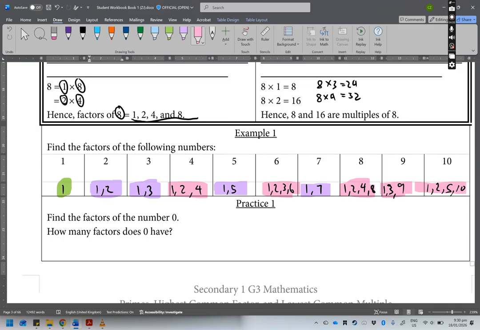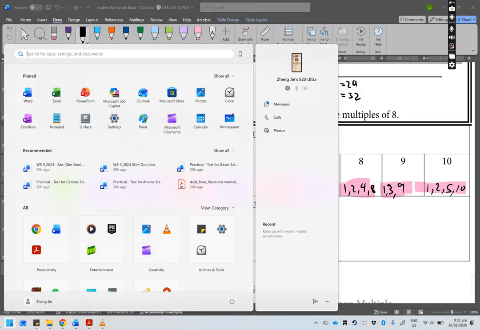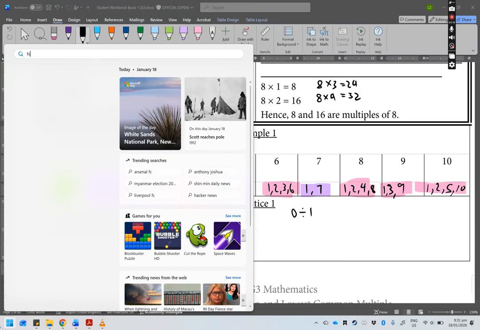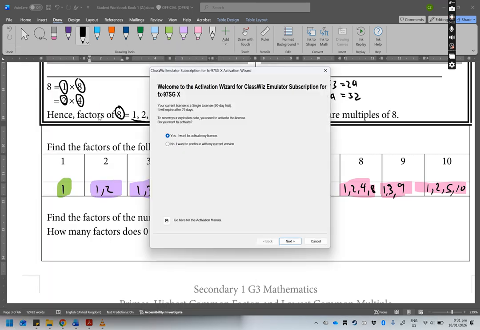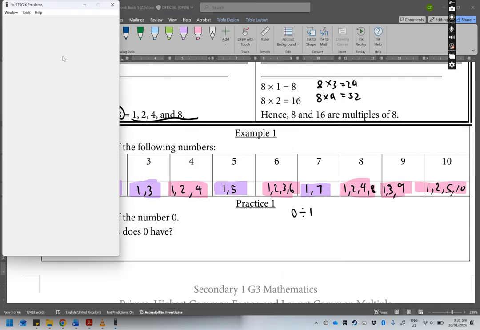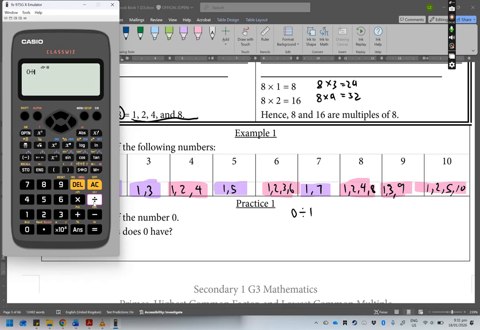Okay, quick question: find the factors of the number 0. If you key into your calculator 0 divided by 1, what do you get? You shouldn't get a math error, you should get 0.